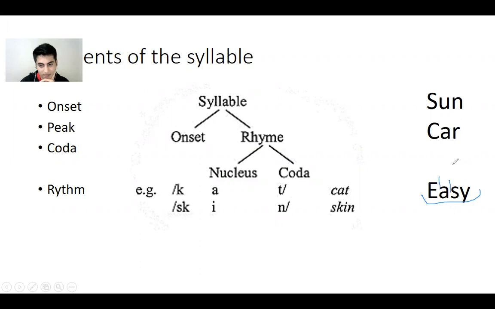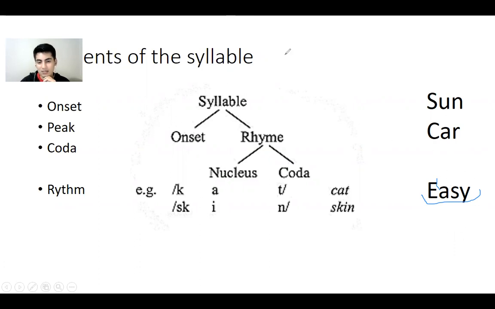Easy. If we separate it between the E and the A here, it is not a good idea. Why? Because you have the A here, and also you have the Y there, that makes a vowel sound. And it's going to be something like A-C-I, you know?